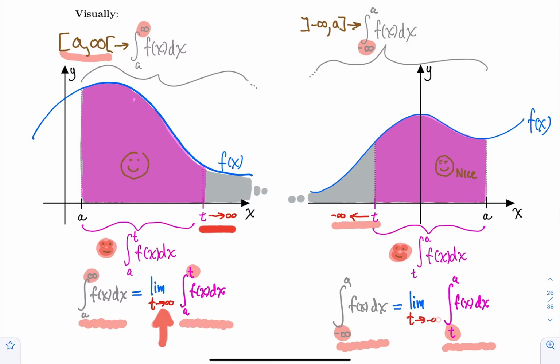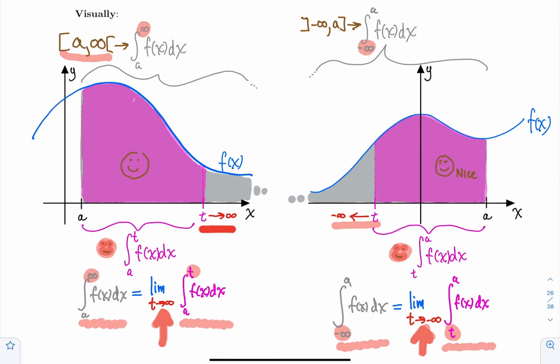The way you do this is by computing it using a limit. So the integral from minus infinity to a for a function f of x dx is by definition the limit as t goes to minus infinity of the definite integral from t to a for the function f of x with respect to x.